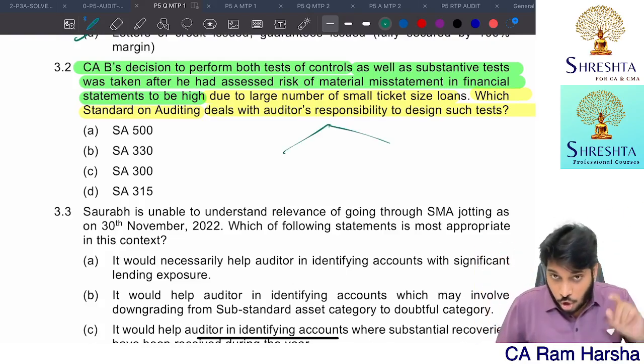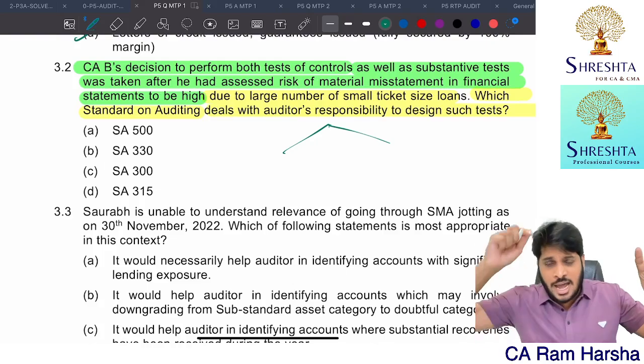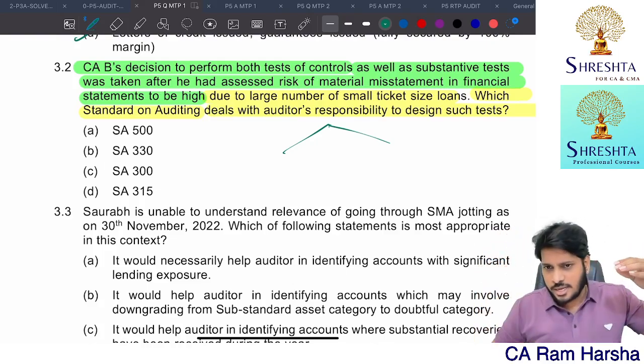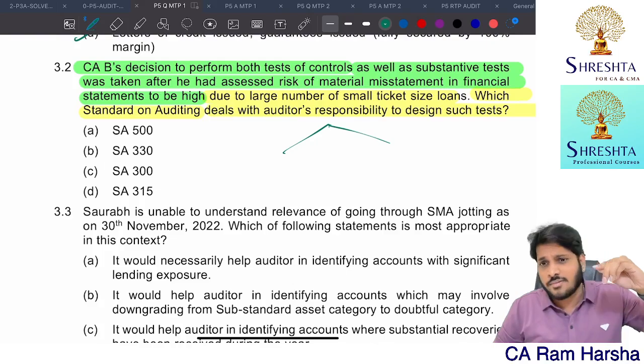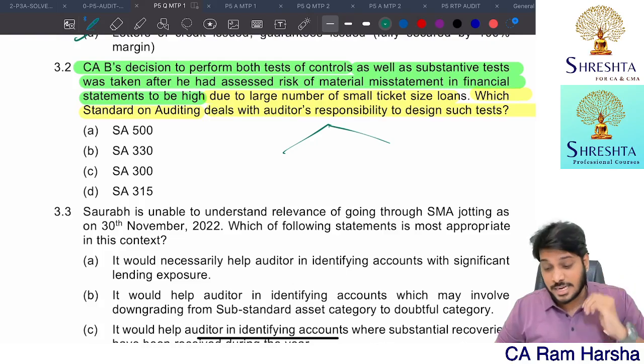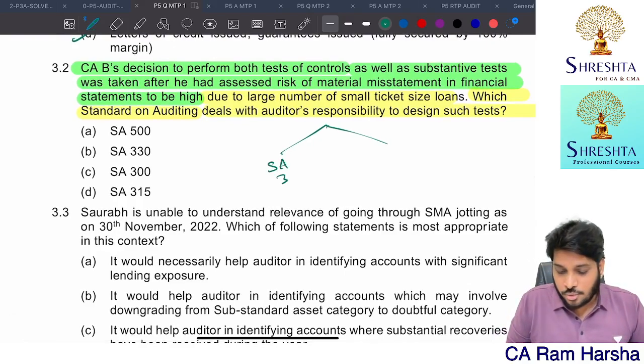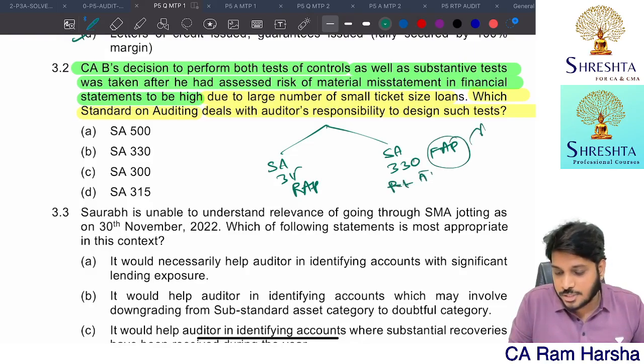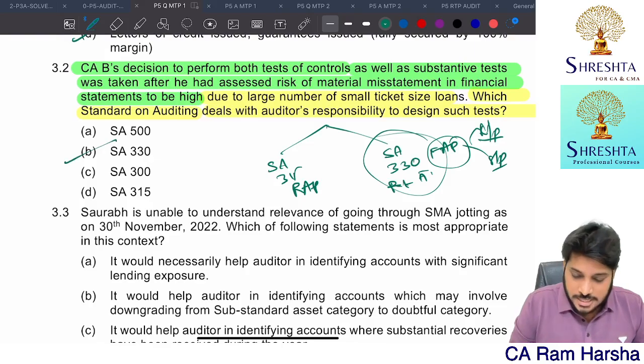I already told you, in items of financial statements and in risk assessment, many places I told, SA 315 deals with risk assessment. Based on risk assessment, you plan further audit procedure, response to assessed risk. Further audit procedure is what? Compliance procedure, substantive procedure. So this is a requirement of SA 330. So the answer is 330.